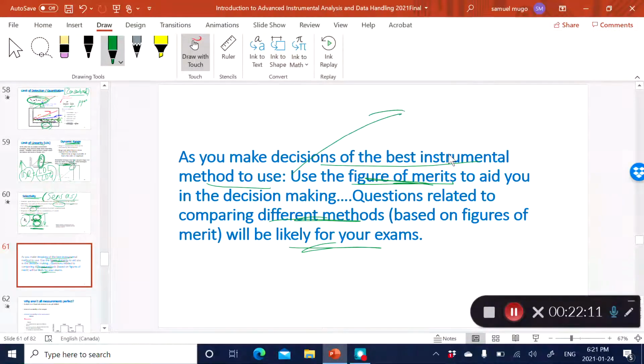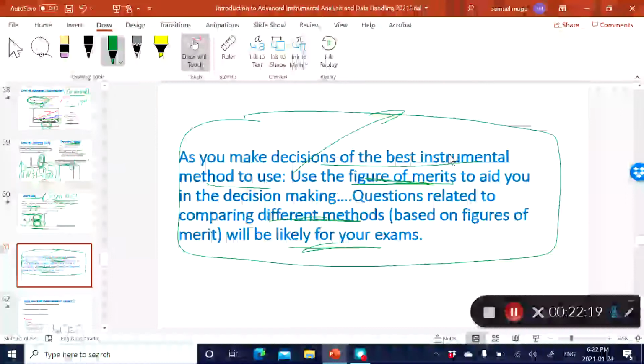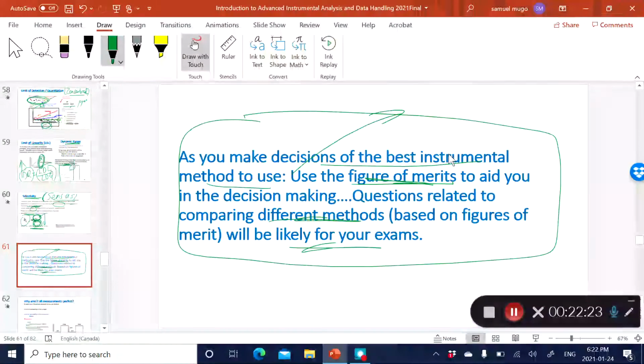But in the industry, it's very important to understand the figures of merit of different instruments, because they help you make a decision or recommend which is the best instrument to use for a certain type of problem. Now, in the next lecture, we're going to talk about noise.